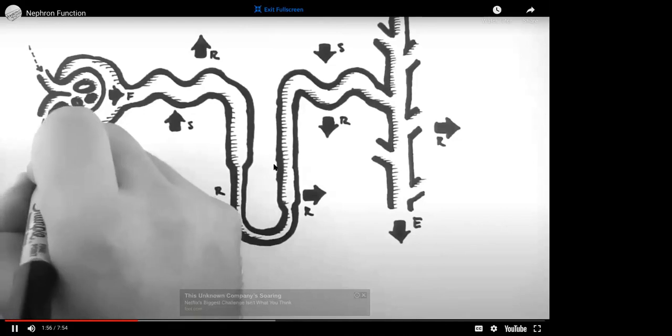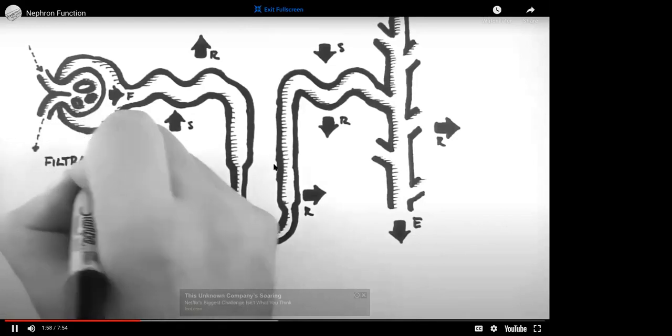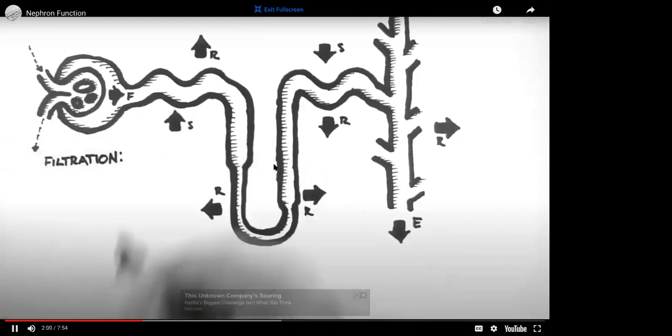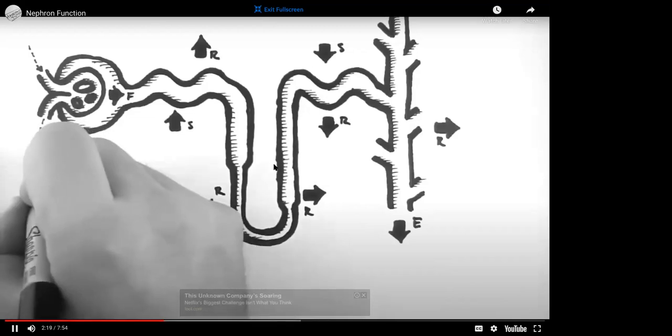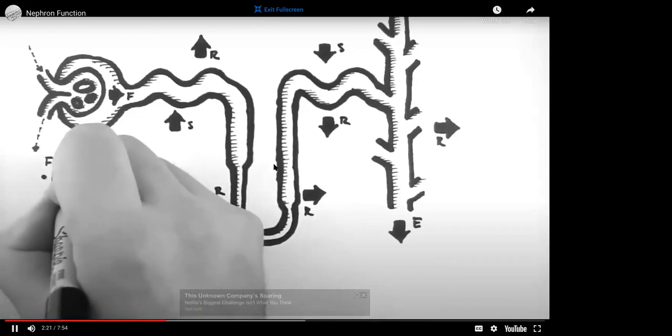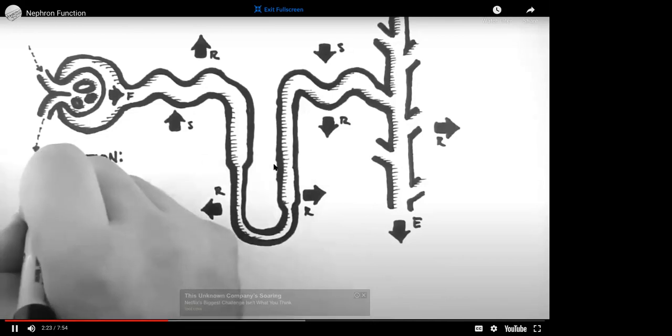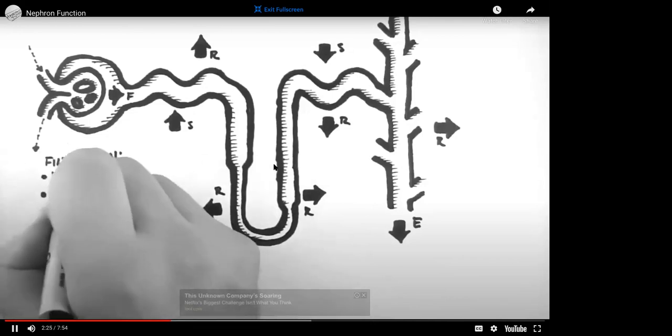Let's begin by talking about filtration. The filtrate contains a lot of stuff, so I'm just going to talk about the most important ones. In general, the filtrate should not contain any large proteins, like albumin, or any red blood cells. The presence of these suggests a disease process, often within the glomerulus. Normal filtrate contains mainly water, and within that water are many different solutes.